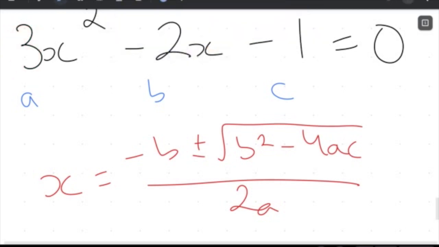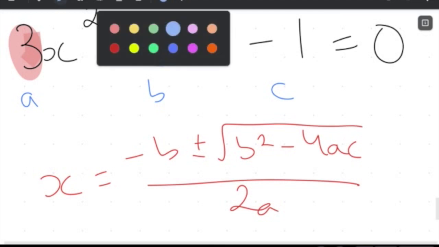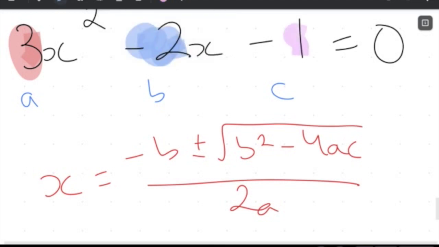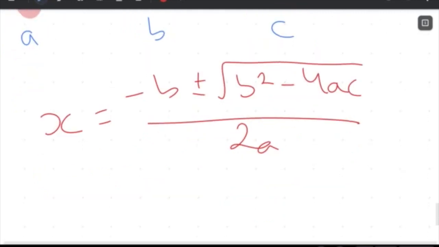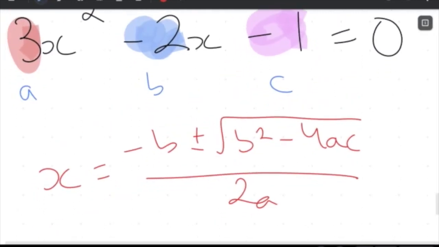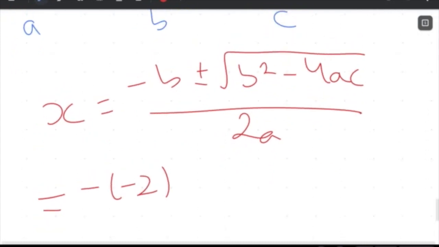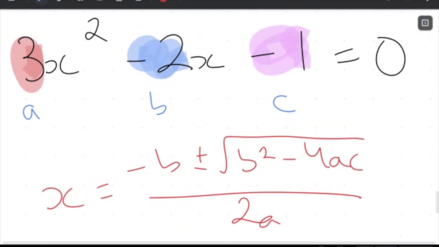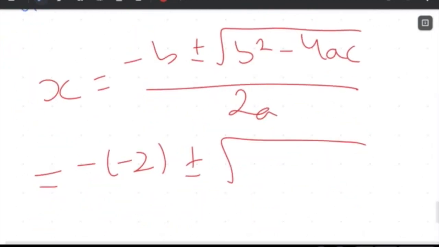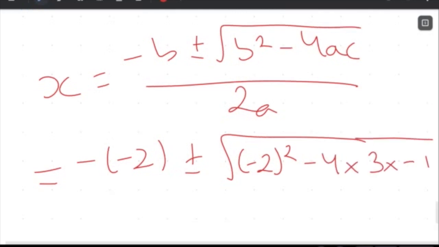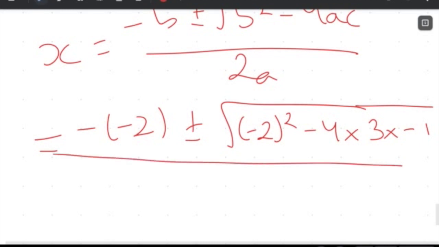And I just want to substitute 3 in the place of a, negative 2 in place of b, and negative 1 in place of c. So I'm going to get x equals minus negative 2 plus or minus the square root of negative 2 all squared minus 4 times 3 times minus 1, all over 2 times 3.